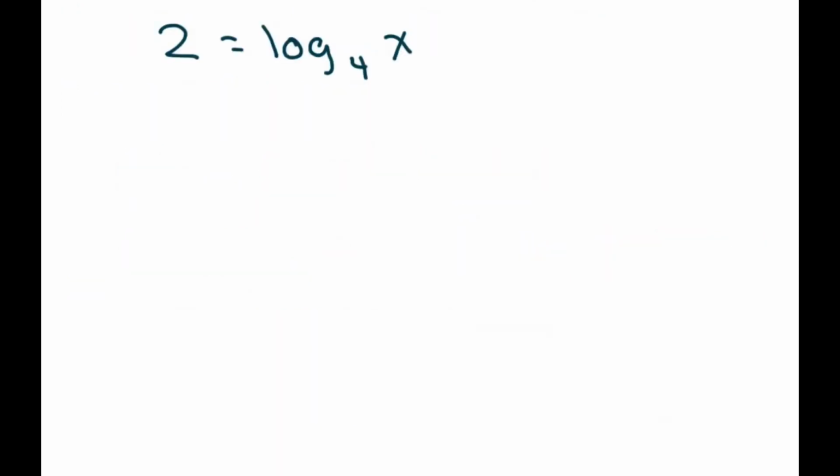So here's our first one. We have 2 equals log base 4 of x. So what I'm going to do is show that this has the form of log base of some n equals some power, and I'm going to write it as the base to some power equals n.